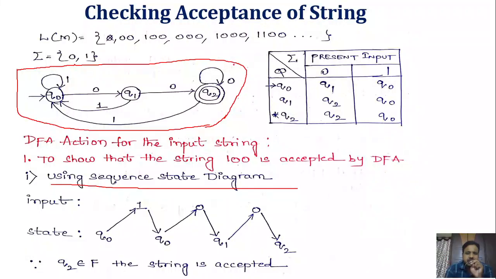For this particular DFA, we have the state transition table here at the right side of this slide. Okay, so this is the state transition table, right? We have seen how to represent a DFA as a state transition table, and how to represent the state transition table as a state transition diagram. We have seen those concepts already in the previous sessions, right?